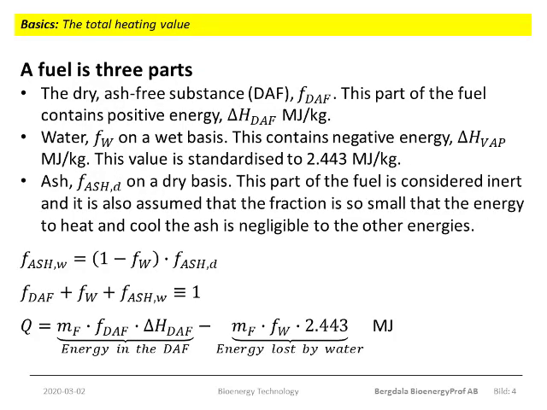Let us now have a look at the heating value from a slightly different point of view. We now limit ourselves to look only at the effective lower heating value, because that is the energy that can be used in most practical cases. So we consider the fuel to be composed of 3 parts: combustible, dry and ash-free substance, water and ash.